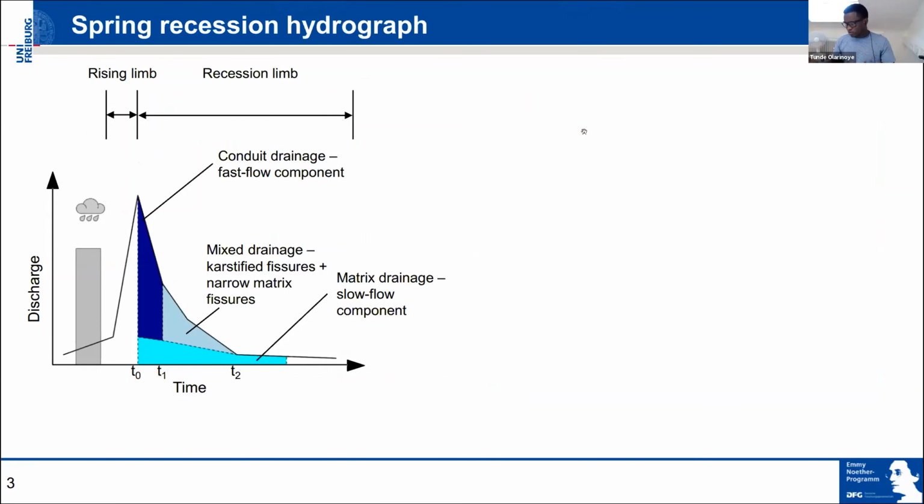And so, as we all know, karst spring hydrograph and recession is the receding limb of the hydrograph, and this part can be divided into different components, mostly 2, or 2 or 3 parts, depending on how you want to see it. The fast flow component, which is the component just after the event, and the slow flow component, which is the part when the spring recovers back to base flow.